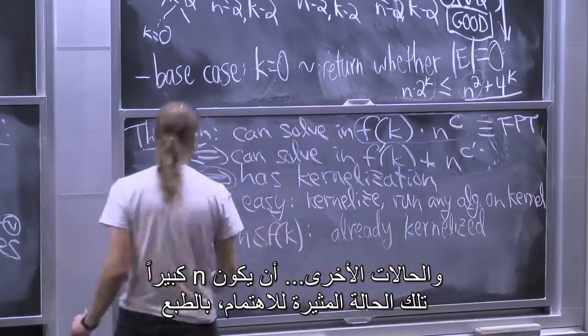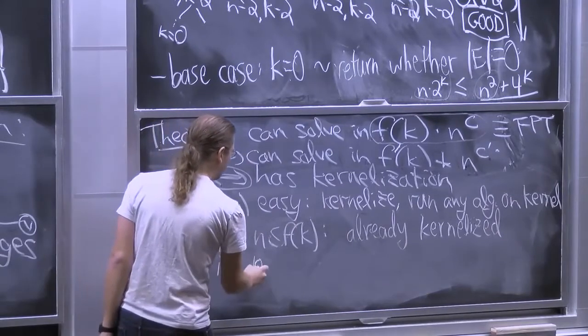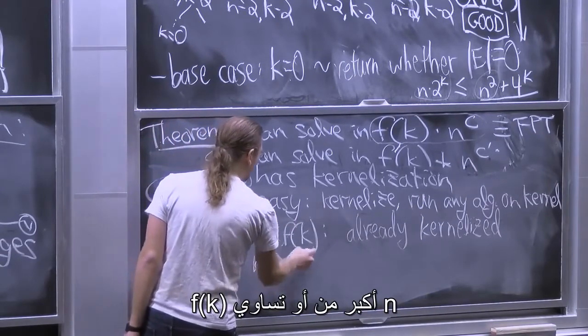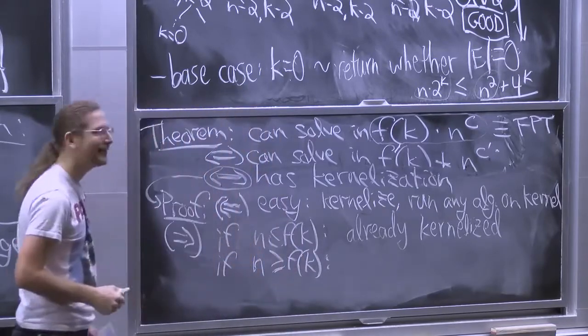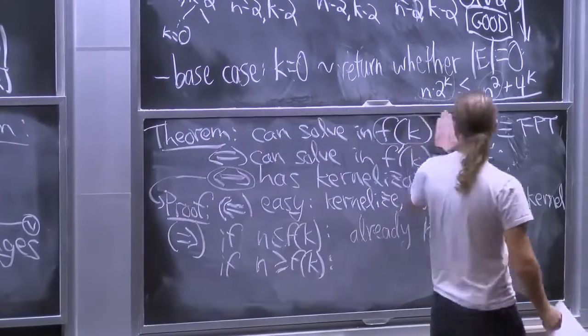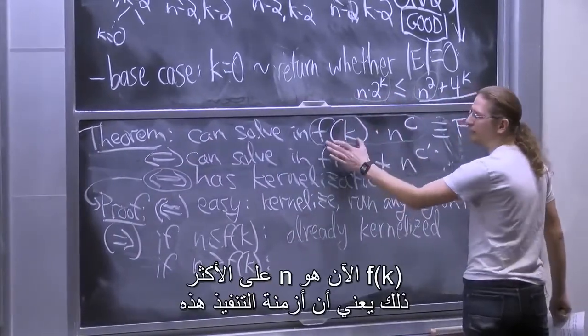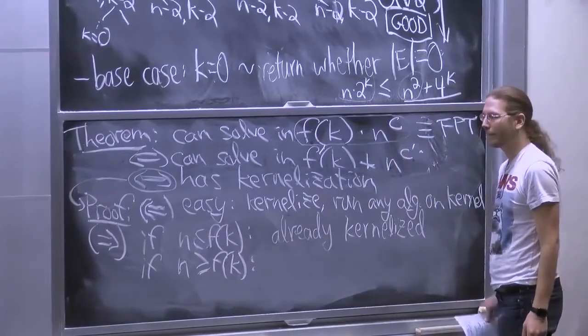So the other case is n is big. That's the more interesting case, of course. n is greater than or equal to f of k. What happens here? Well, just like last time, that means that f of k is now at most n. That means this running time is at most n to the c plus 1.